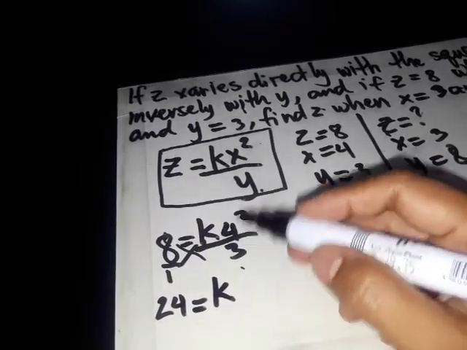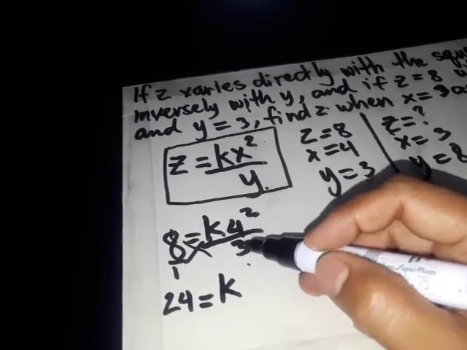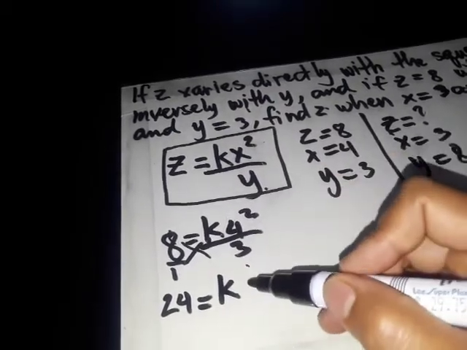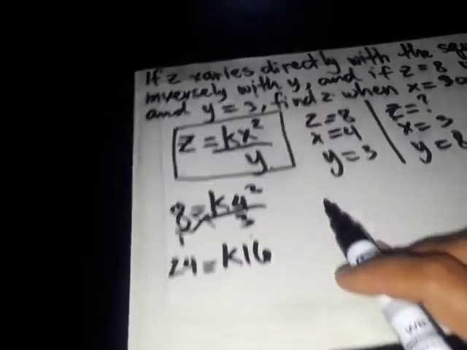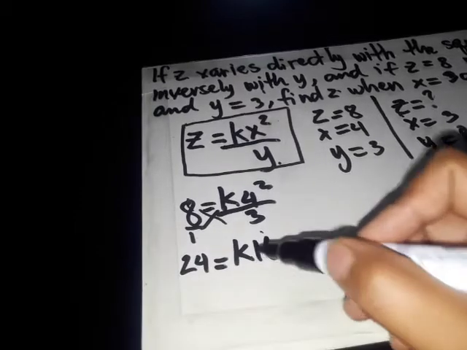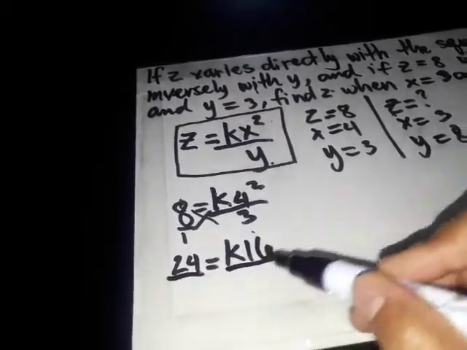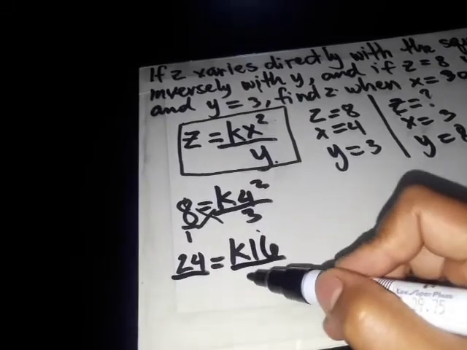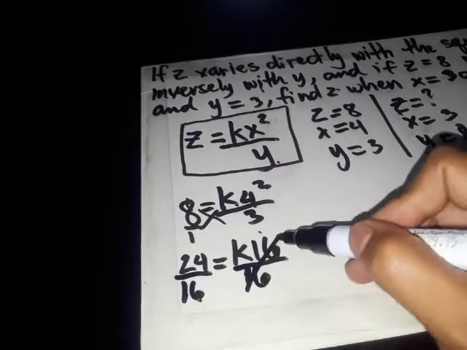How? If we say 4 squared, you're going to multiply 4 by itself. Okay? Twice. So, 4 times 4 is equal to 16. So, isolate natin si k. Dapat si k lang. Kaya i-divide natin kung ano man yung number na nasa tabi niya. So, 16. I-divide natin ng 16 both sides. Cancel.